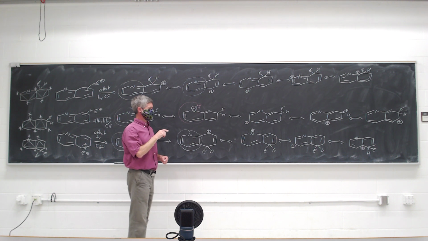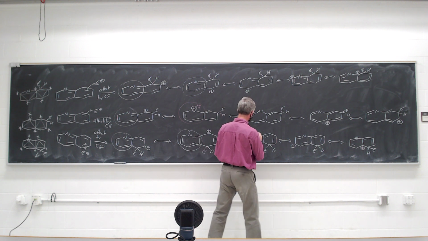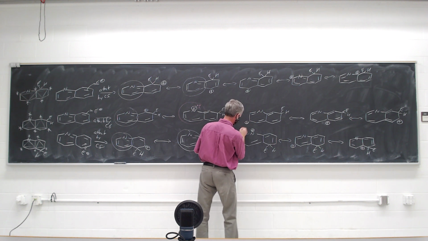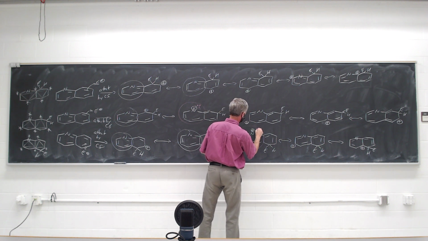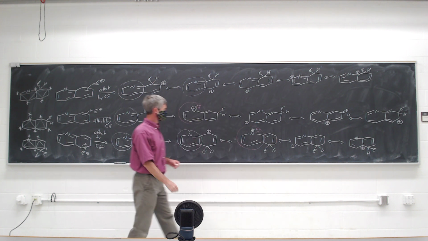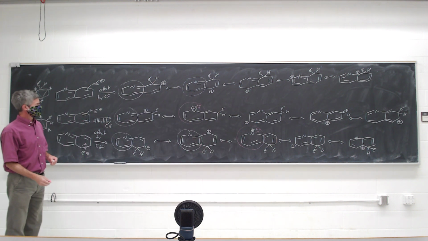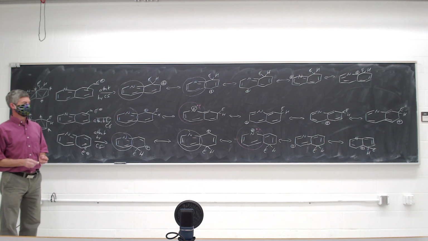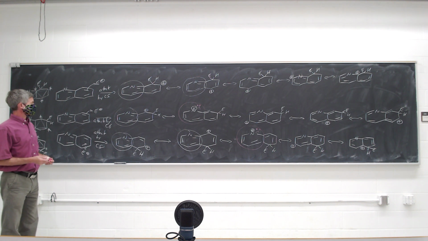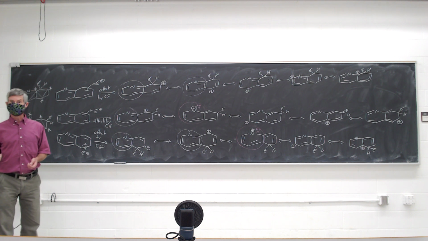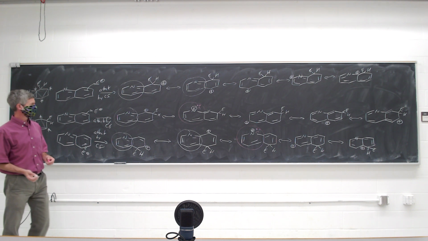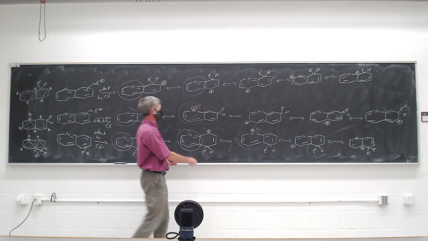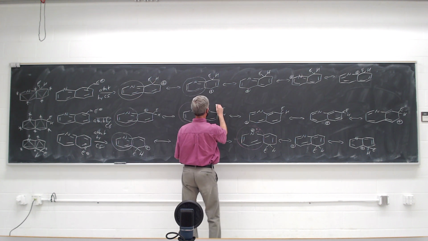You've got a positive charge on a nitrogen that doesn't actually have a filled octet. It's okay to put a positive charge on a nitrogen that does have a filled octet. It's not okay to put a positive charge on a nitrogen that does not have a filled octet.